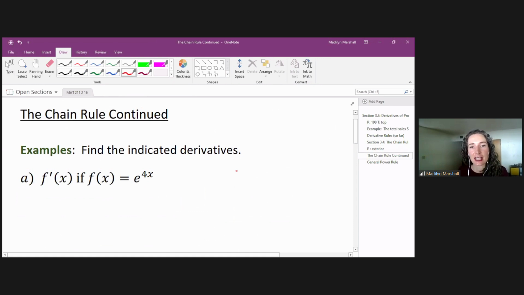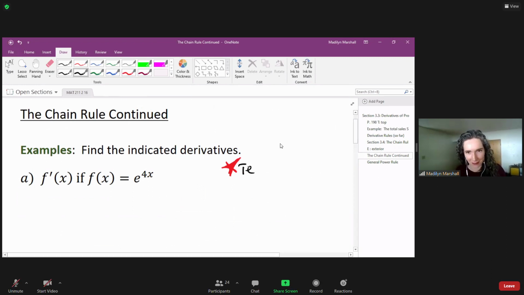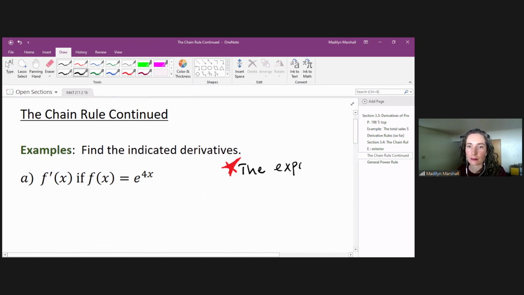But as a general rule, and actually this will always be true, if there's something other than just x in the exponent, like there is here, 4x, the exponent itself is the interior.